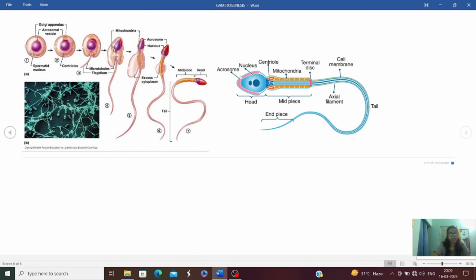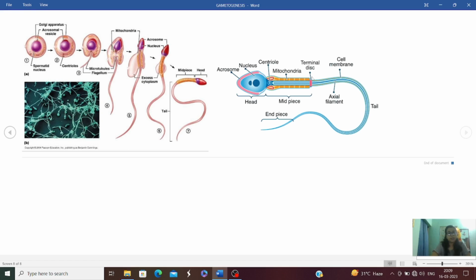That is the head, which contains the acrosome and nucleus. You can see this pink cap-like structure is the acrosome. The middle is the nucleus. This comprises the head. In the middle piece, centrioles will be present. Centrioles are of two types, distal centriole and proximal centriole. The proximal centriole will enter the egg membrane, and the distal centriole will remain, or sometimes both centrioles enter.